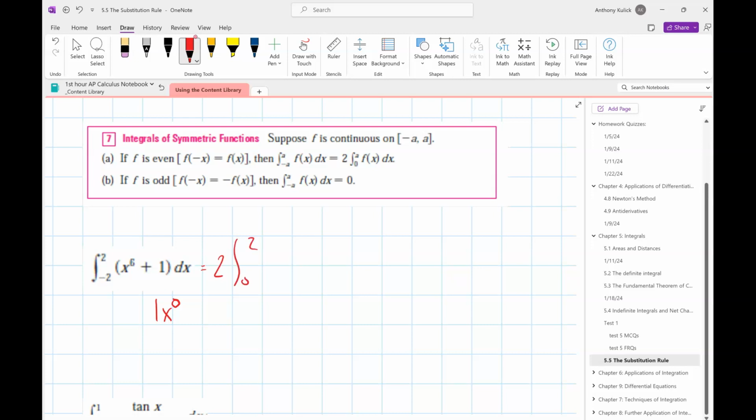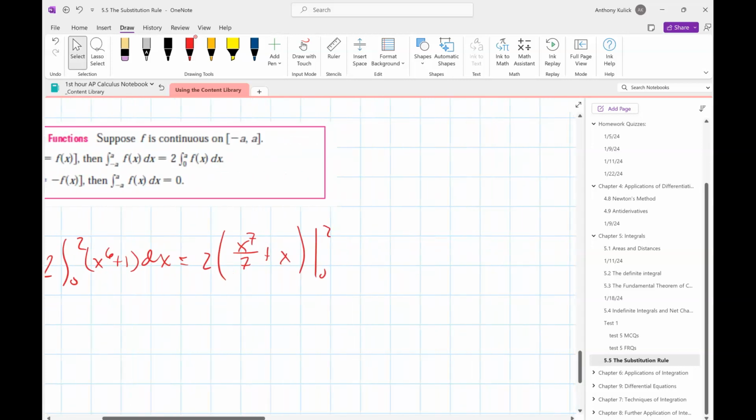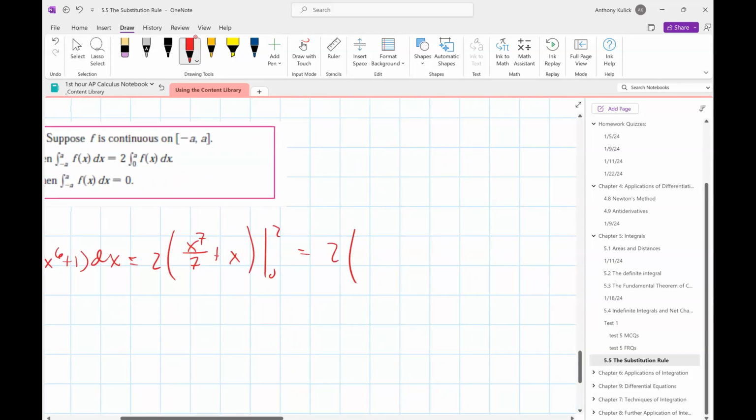All right. So we can do that. But that's not a big deal because this is a super easy antiderivative to take, right? I'm not even going to bother with the 0.